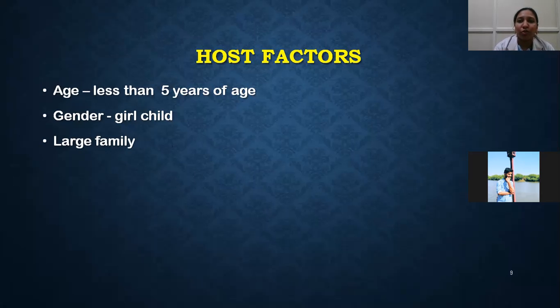So it's always good to have a small family, like two kids. If the number of kids is more, it's not possible to meet the nutritional requirements of all the children. So definitely, families with a large number of members, not all, but a few cases may land up in malnutrition.